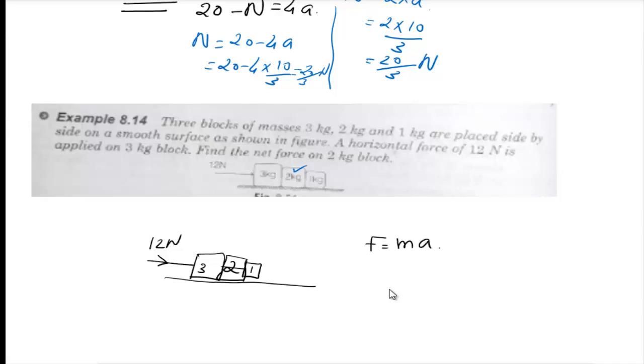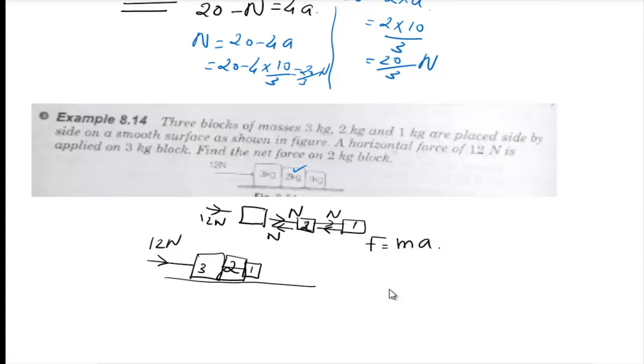What is the net force acting? A 12 Newton force is acting on the 3 kilogram block, and a reactional force will be acting on it also. That force is given to the 2 kilogram block, and an equal and opposite reactional force will be given over here. And this 2 kilogram block will be giving a force to the 1 kilogram block, and the 1 kilogram block will be giving an equal and opposite reactional force.